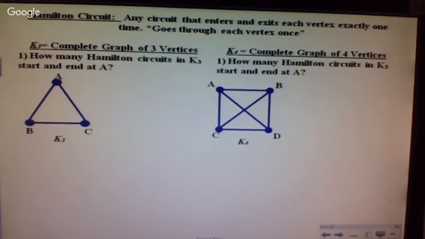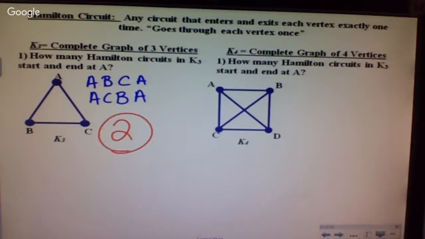If you have 1, you automatically have an even number, because you've got 1 and its reverse. So this one is going to be 2. I can go A, B, C, back to A, or I can do the reverse, A, C, B, back to A. So this one has a total of 2.